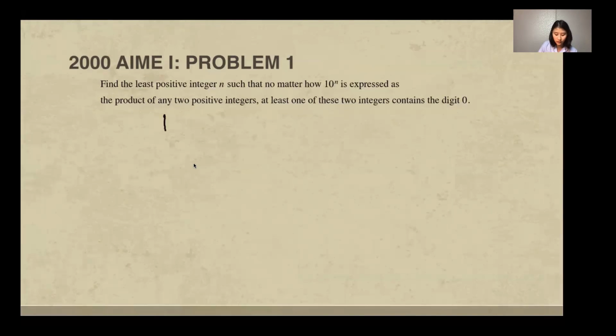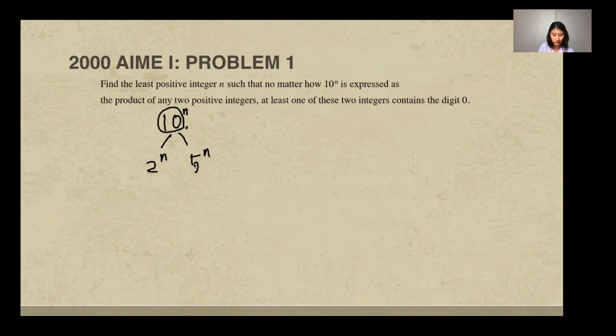So we realize that 10 to the power of n can be broken down or factorized as 2 to the power of n and 5 to the power of n, as 10 can be factored into 2 and 5.